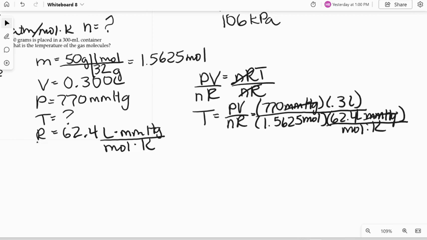Millimeters of mercury cancel. If you use the wrong value of R, your units aren't going to cancel, so that's going to be your dead giveaway.